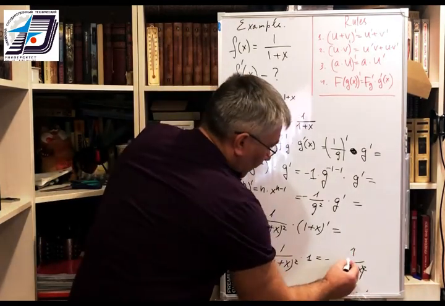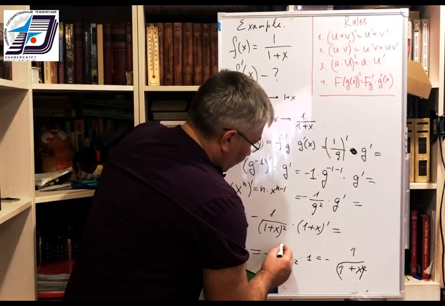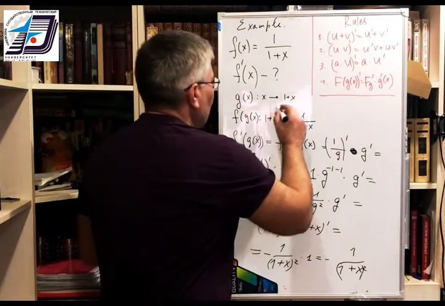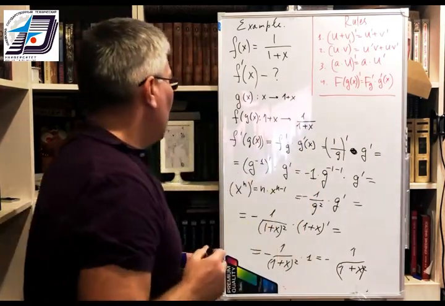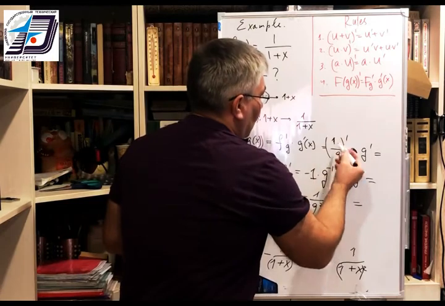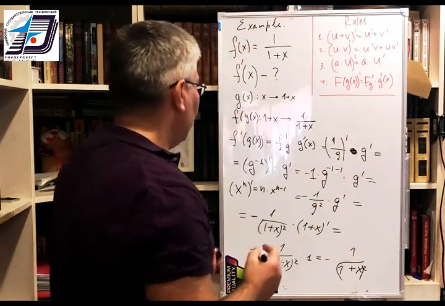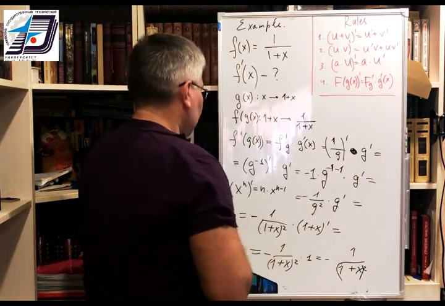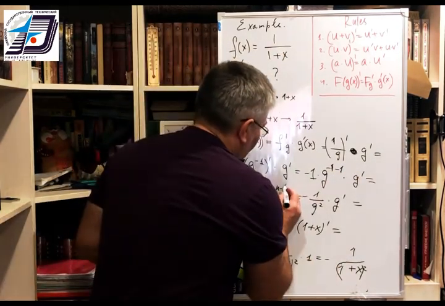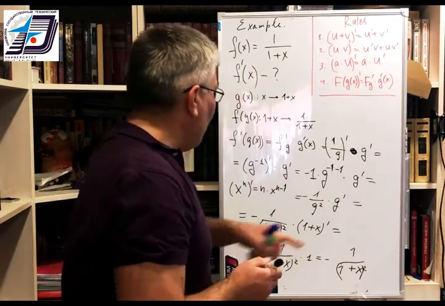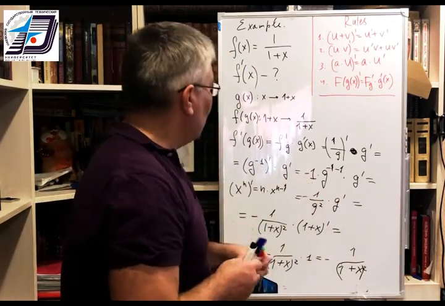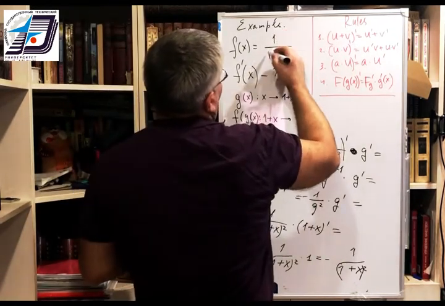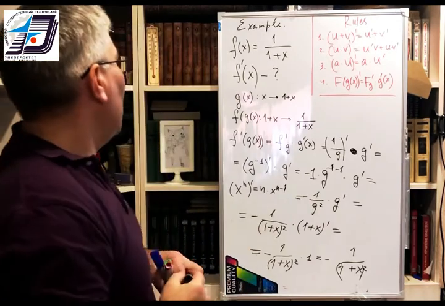I write the 1 here because I don't want to mix this prime and this 1. Because we have primes here, we have to have unit notation here.